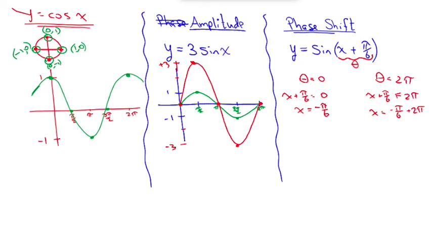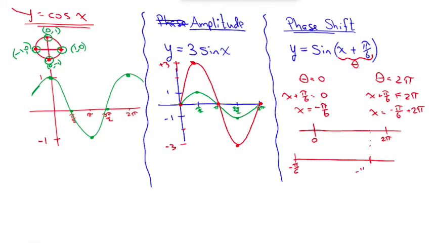So what happened to the graph? Instead of going 0 to 2 pi like it's supposed to, you are now going from where to where? From negative pi over 6, which is just to the left, to pi over 6 shy of 2 pi.